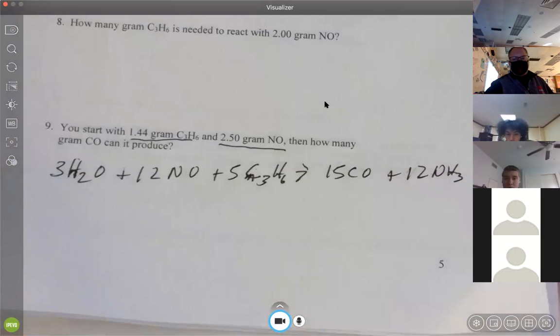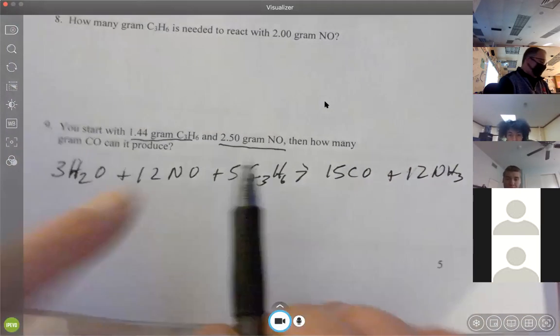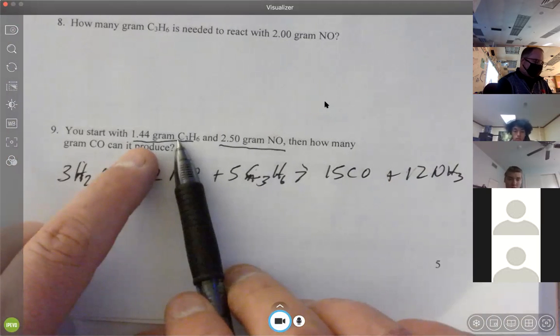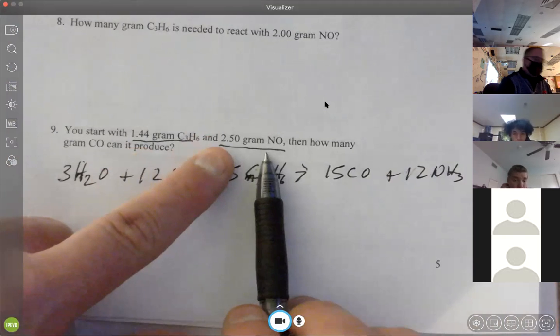So there we have our balanced equation. We're given these two amounts. So this could be like our Kool-Aid packets, this could be our sugar, or whatever, right?